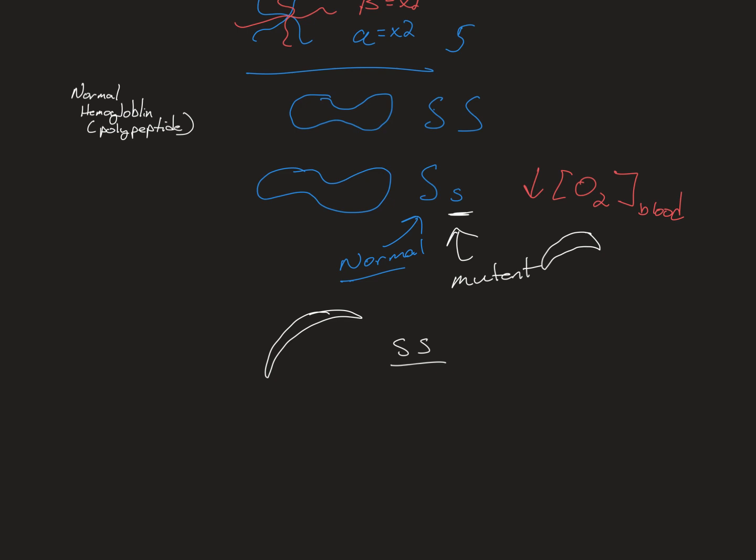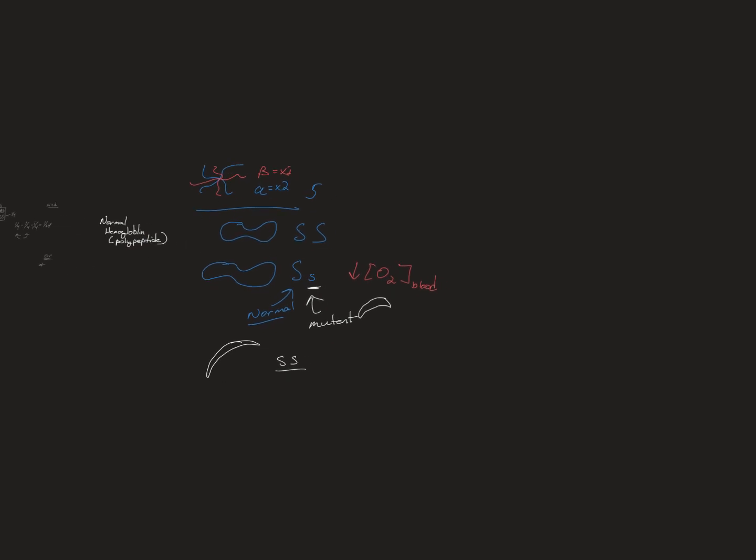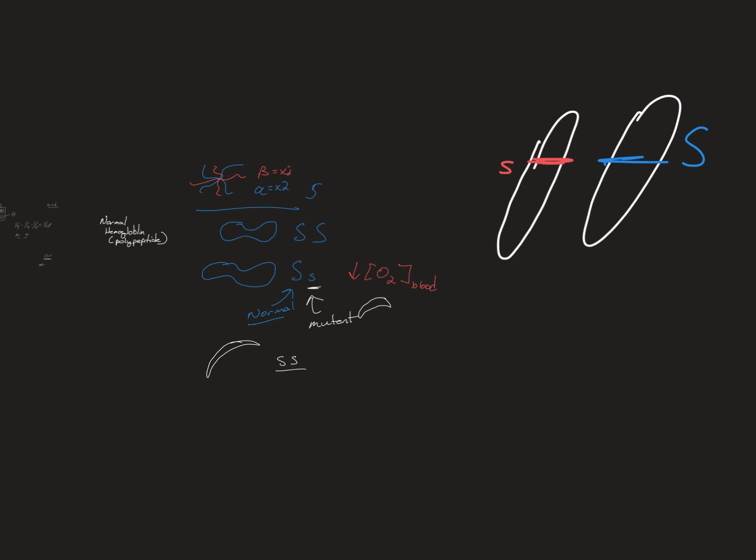When they say mutant genes, they're going all the way back to the chromosomes. They're saying you have this chromosome, and this gene is mutant, and this gene is normal. All right, so that's what they're talking about.